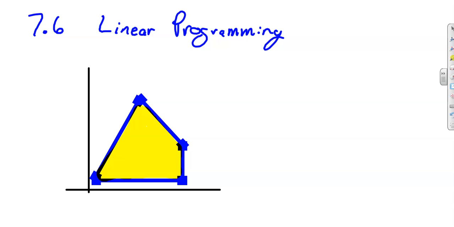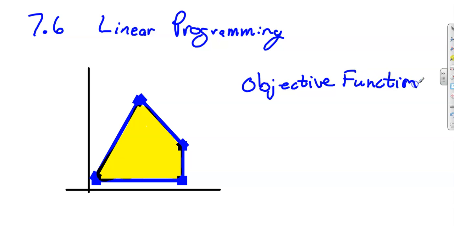And with a problem like this, they're going to give you what they call an objective function. Basically this is the equation that runs the whole thing. For this part, you're looking for values.